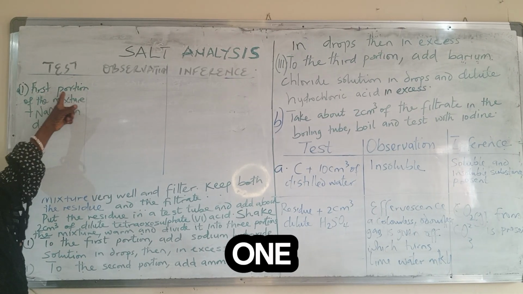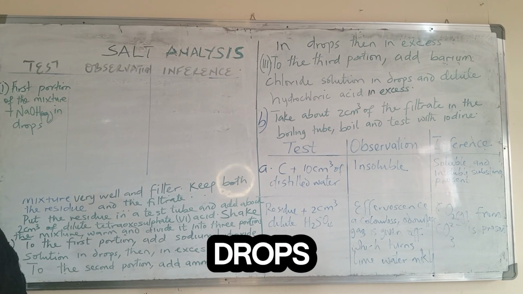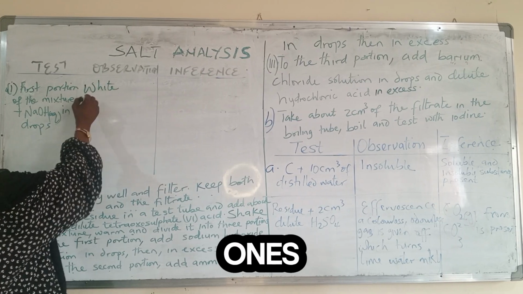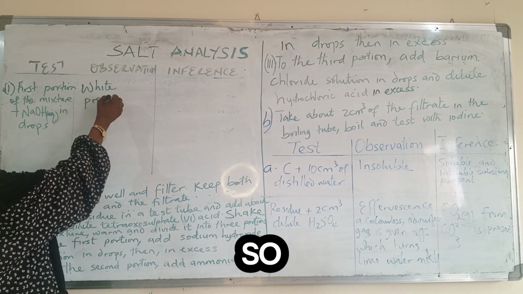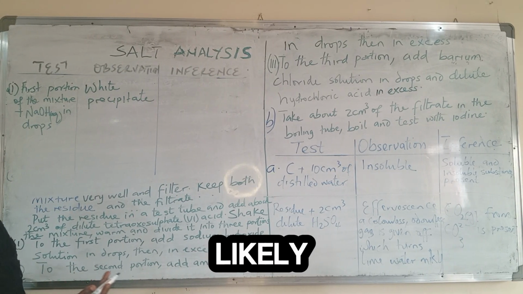Now, if you have this first portion of the mixture plus NaOH aqueous in drops, you have a white precipitate, since I said we are dealing with white salts. Then what are those salts that are likely to be present?